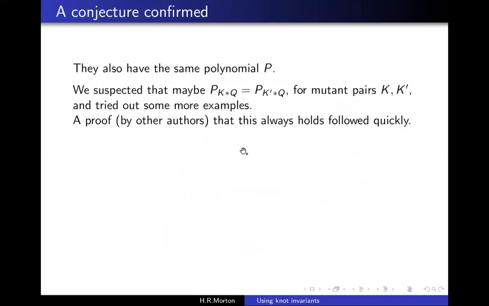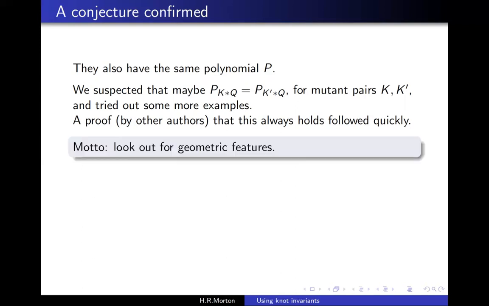So a suspicion was that maybe this is a feature of mutant pairs. We tried out some more examples, and it did seem to work. And then other people were able to prove that it always held. So one of the mottos in dealing with knot invariants is to look out for geometric features.